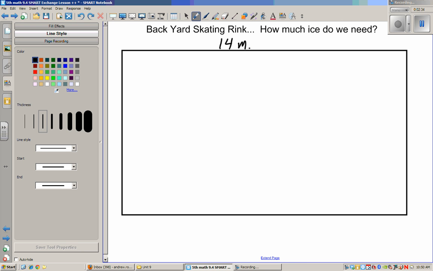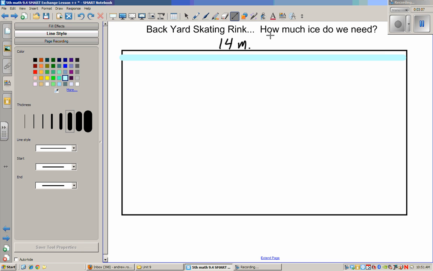So 14 meters long. Okay, well great. Now we know how much ice we need to put down. We'll know how much ice we have, right? Because I can just go here and I can just lay down 14 meters of ice. Bang, got 14 meters of ice right there. It's 14 meters long. Isn't that enough to skate on? You're saying, no, Mr. Rockenstein, that's like a line of ice that is 14 meters long.